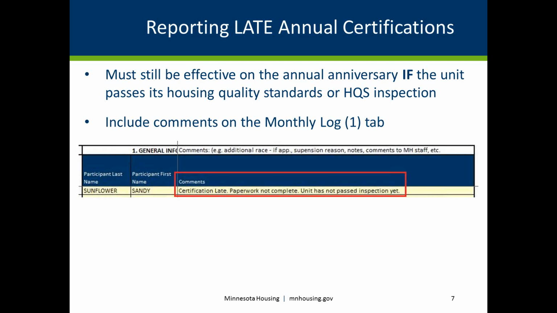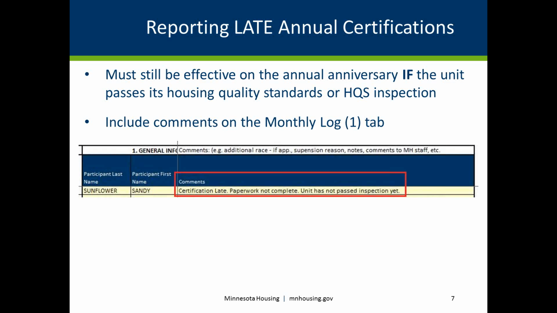For situations such as these, the administrator should report on the August log that the annual certification is effective July 1st. The participant would have to be on suspend status until the unit passes the HQS inspection. If the HQS inspection does not pass until August, no payment would be reimbursed for July.